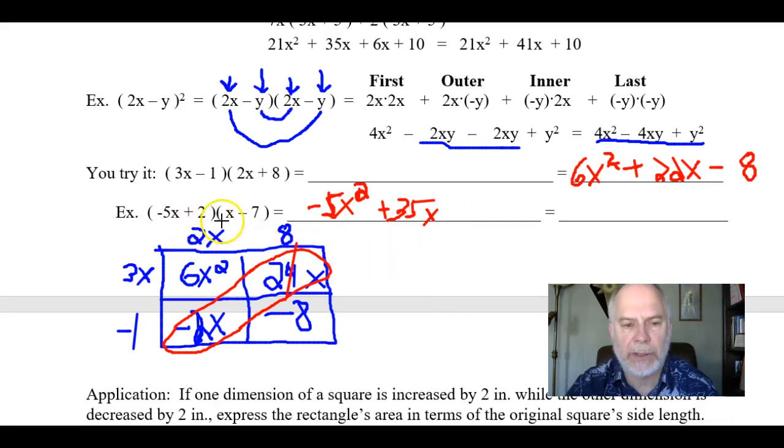Inside terms, 2 times x is 2x. And then last terms, 2 times -7 is -14.